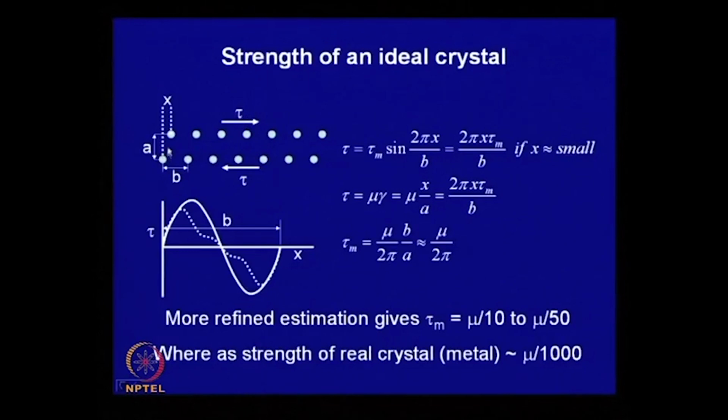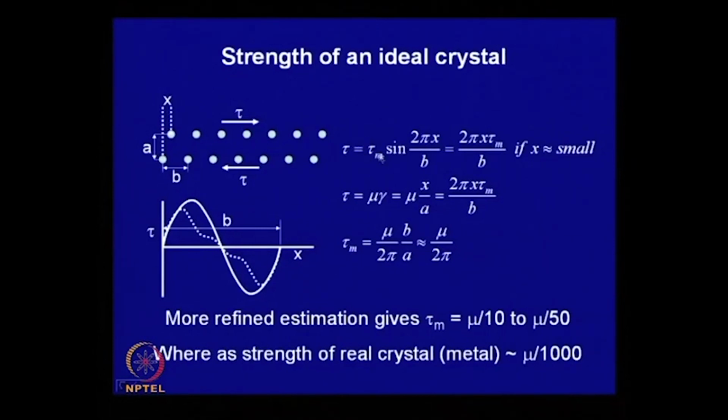And what happens if you move it a little more, maybe beyond this half? Then it will be much easier for it to come to this position than come back. So, the shear stress can be approximately represented by a periodic function, which is shown here.